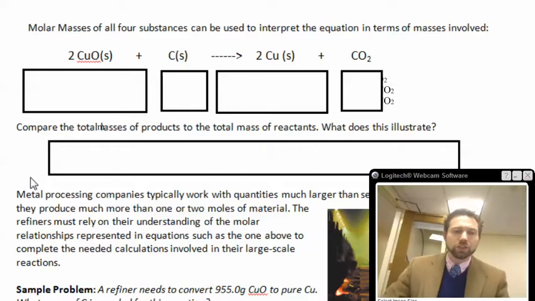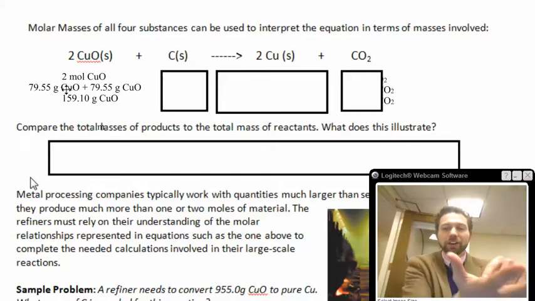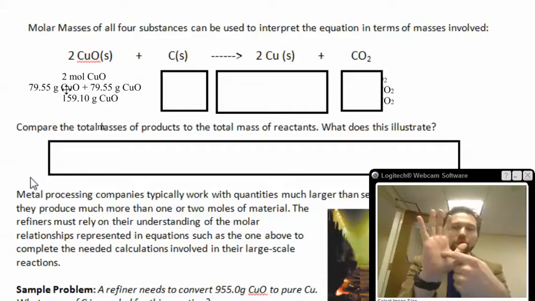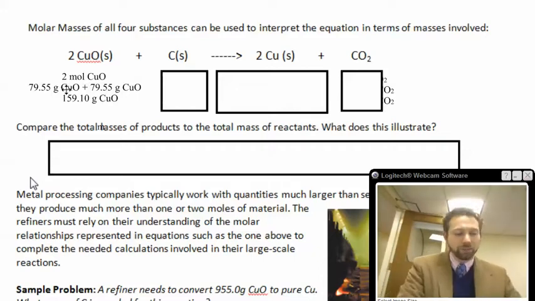So 2 moles of copper oxide. What I do is I add up the molar mass of copper and the molar mass of oxygen, and I get 79.55 grams. Type it into your calculator there. You should get 79.55. Why?